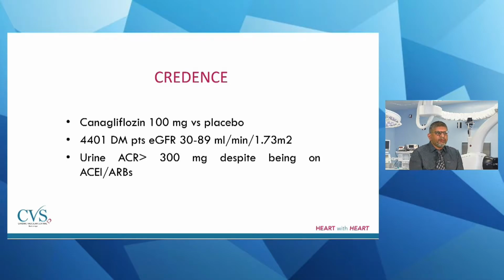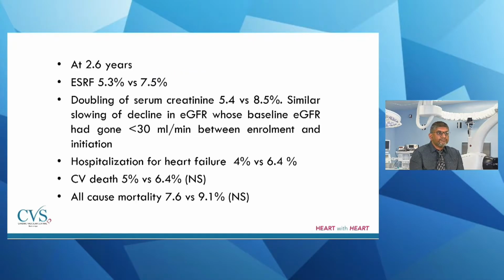And they must be on ACE inhibitors or angiotensin blockers already. So at 2.5 years, compared to placebo, starting the patient on SGLT, in this case canagliflozin, there was a reduction in end-stage renal failure, worsening kidney function, and even the decline in the eGFR.